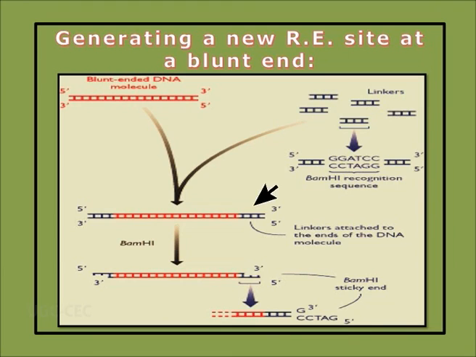We add these linker DNAs to the blunt-ended insert DNA molecule. Thereby, if I digest this insert with the restriction endonucleases, then I can convert this blunt-ended DNA into a sticky-ended DNA, which is made suitable to be introduced into a suitable cloning vector.